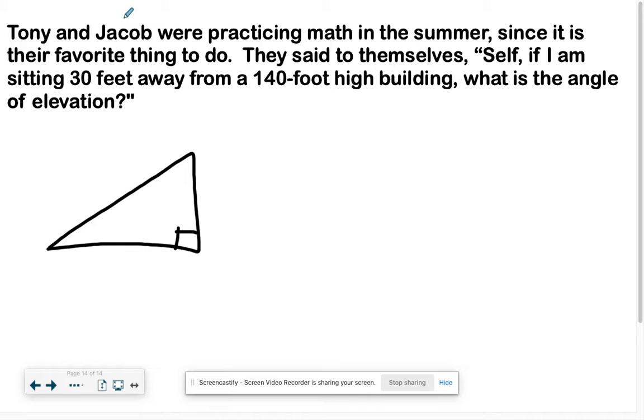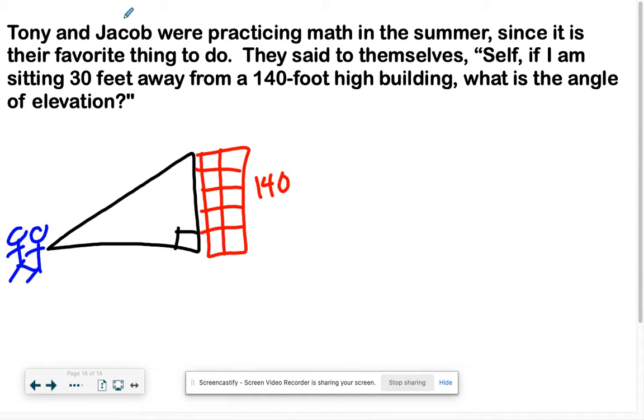Our boys are looking at a 140-foot high building. So here would be our building. And we know it's 140 feet. And the boys are over here, 30 feet away from it. And we're looking for our angle.